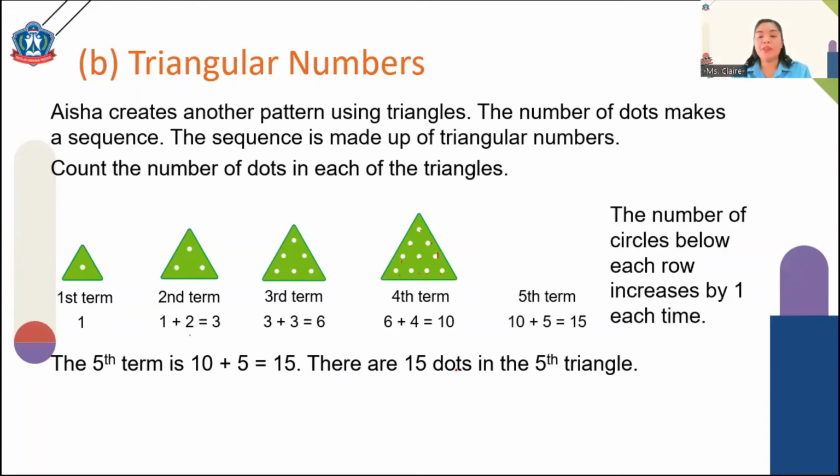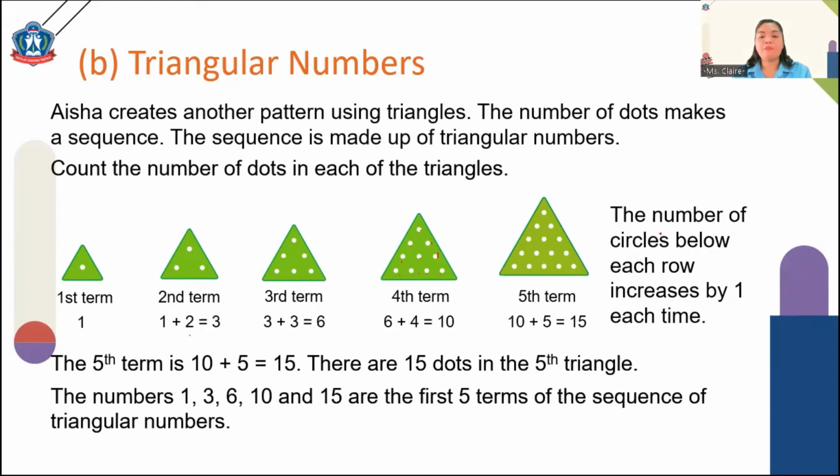So how did we do this? The number of circles below each row increases by 1 each time. So the first term is 1. On the second term, we add 2 to 1, so we have 3. On the third term, we add 3, so 3 plus 3 is 6. On the fourth term, we simply add 4, so it becomes 10.